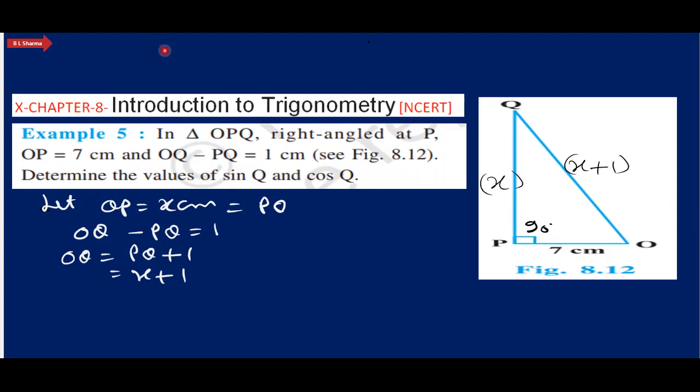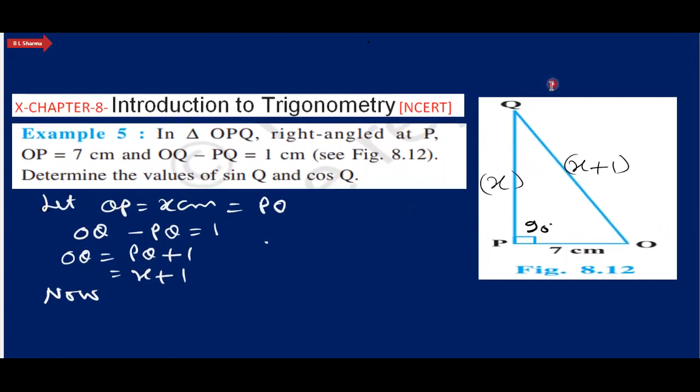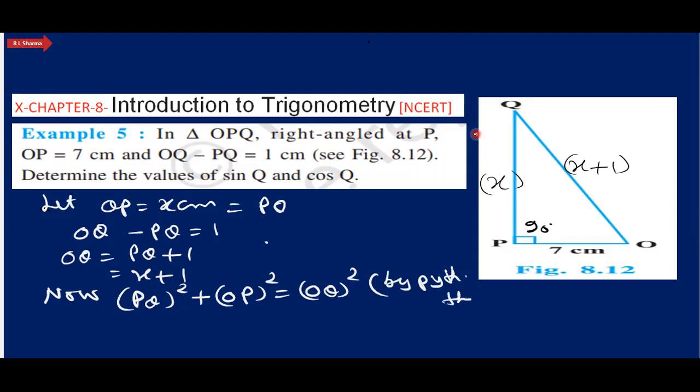So now using Pythagoras theorem in right triangle OPQ, PQ square plus OP square is equal to OQ square by Pythagoras theorem.